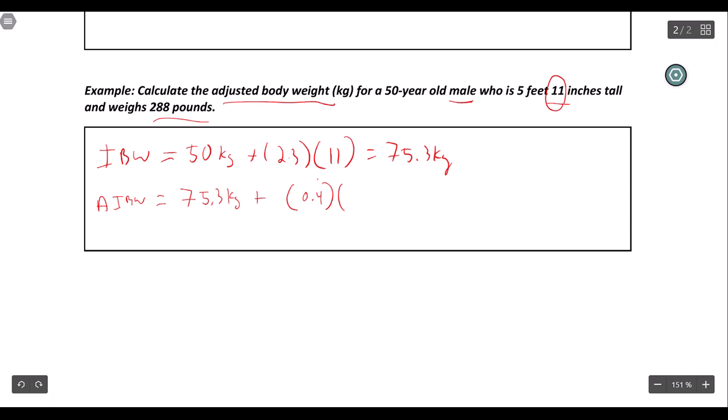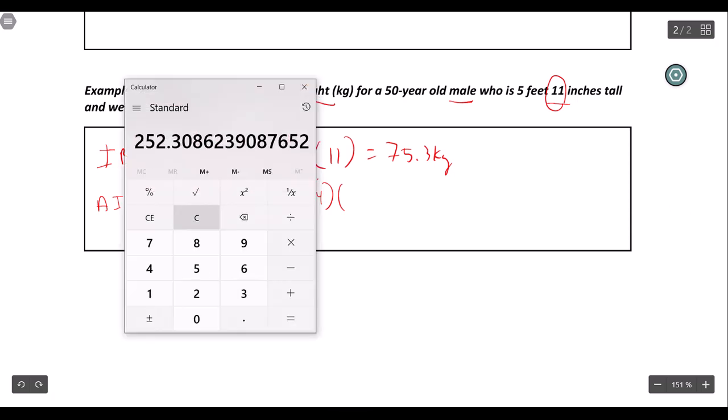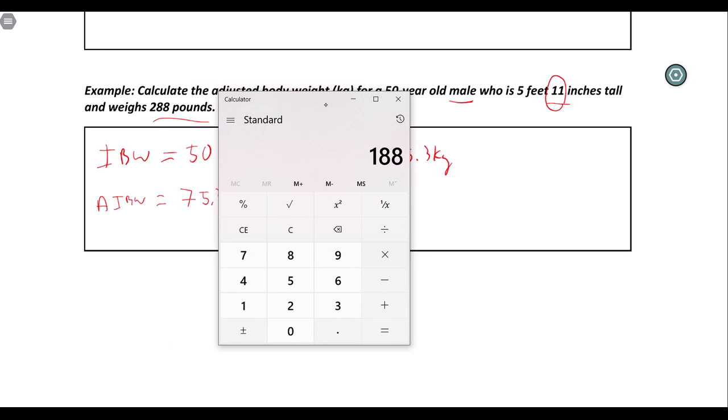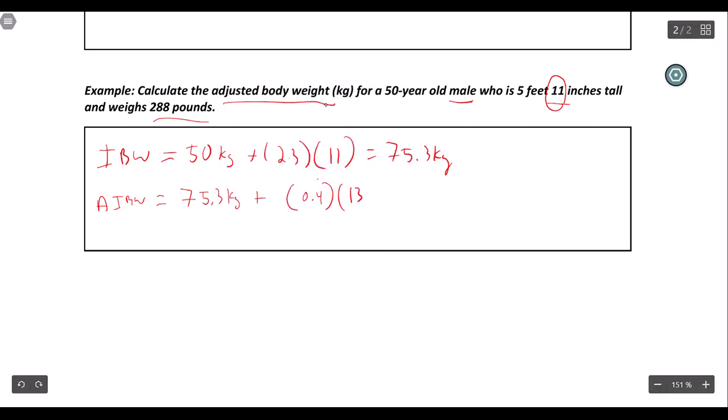So the actual is going to be 288 divided by 2.2, which is 130.91, we'll say. What did I do? I converted pounds into kilograms.